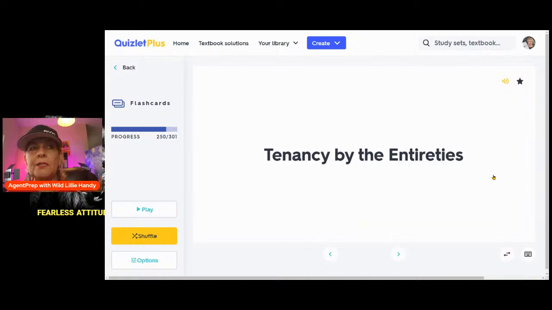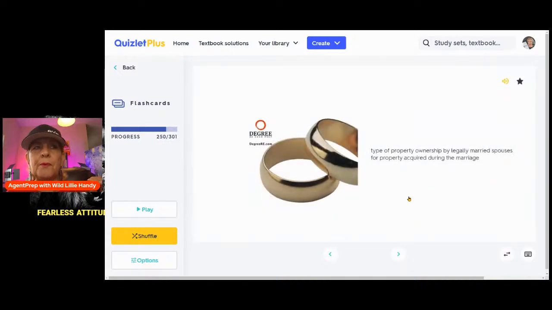Tenants by the entirety means it's a type of ownership by legally married spouses for property acquired during the marriage, not before the marriage, property acquired while they were married, and it has survivorship. This form of ownership, tenants by the entirety, they own the property entirely, equal and undivided interest and possession.